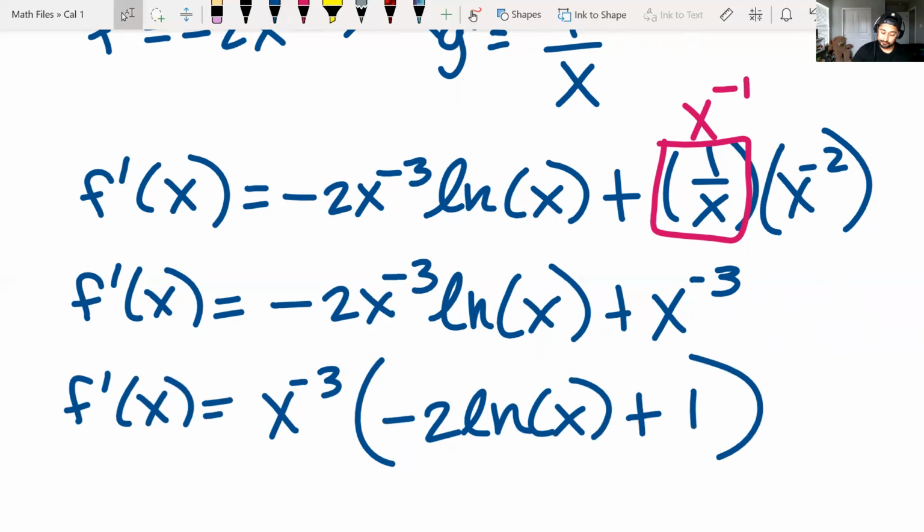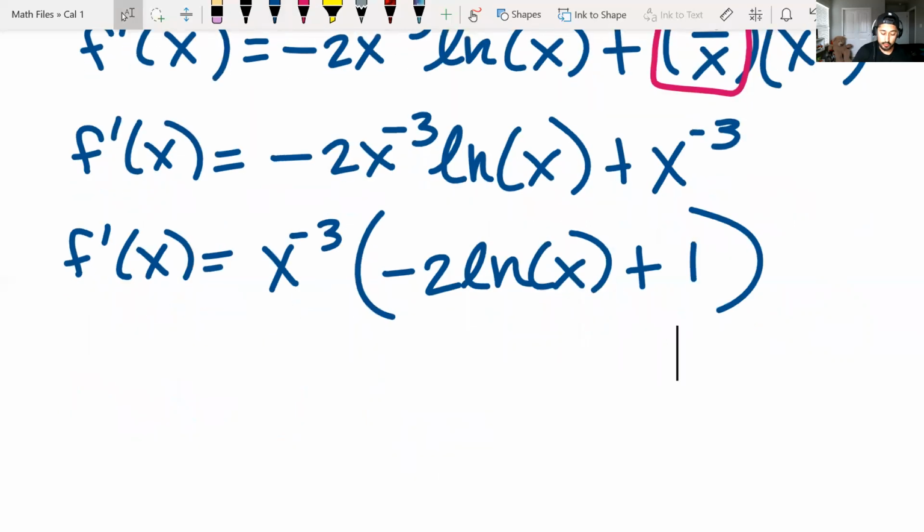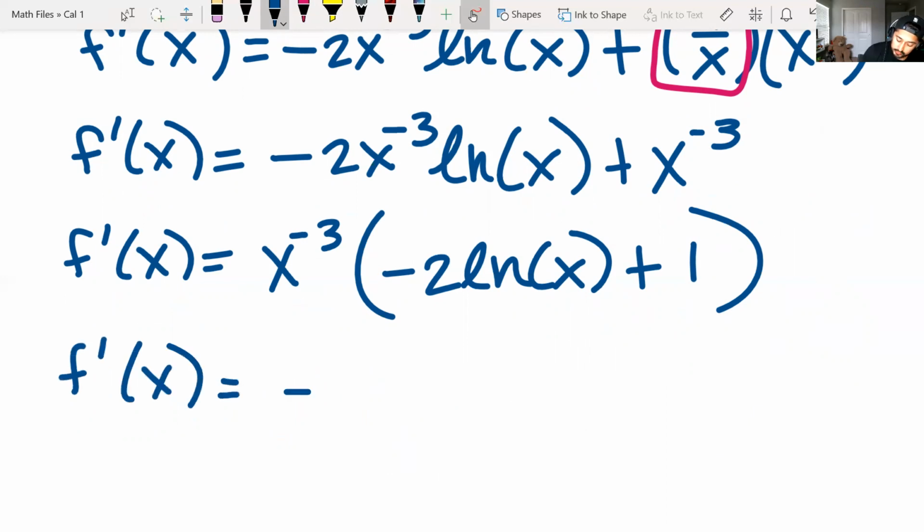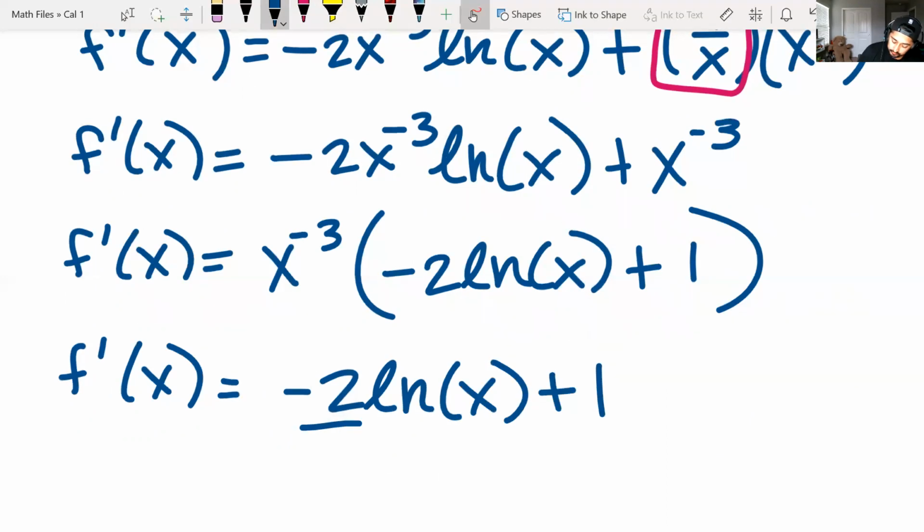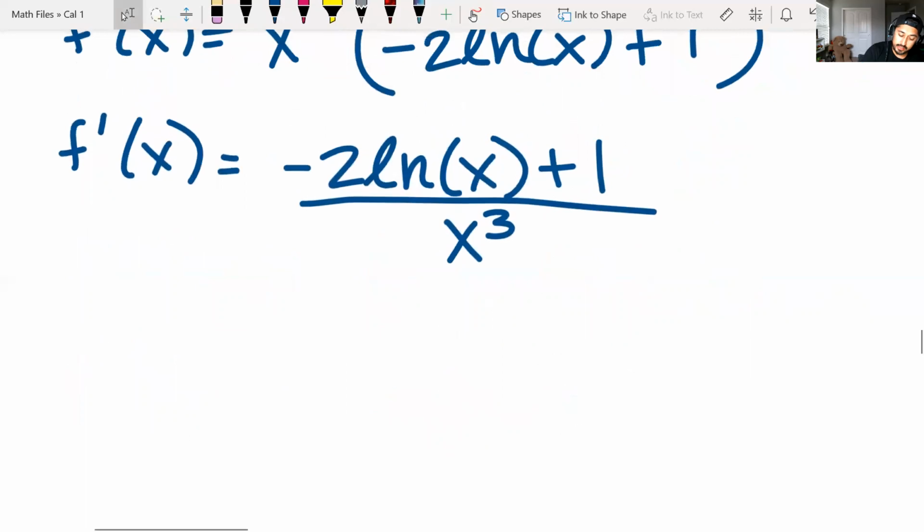Okay, and one more rewrite. That x to the negative 3 we can flip to the denominator. So f prime of x equals negative 2 natural log of x plus 1 all over x cubed. Now we can set it equal to 0.